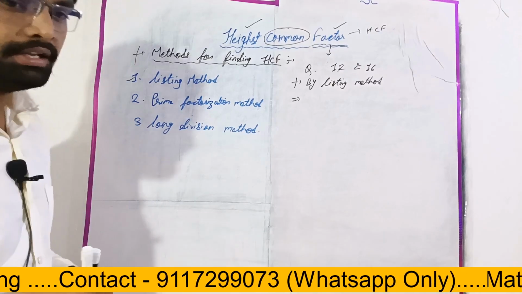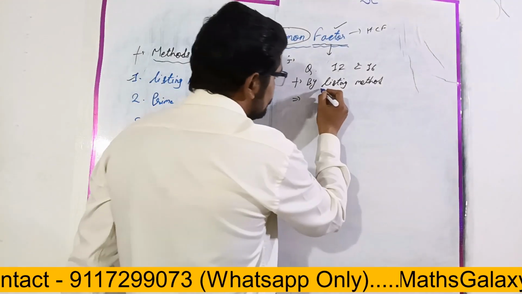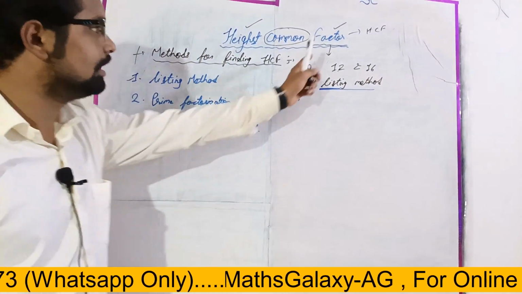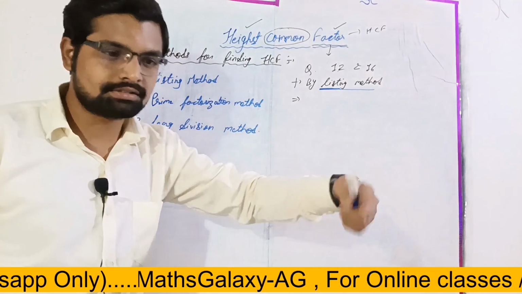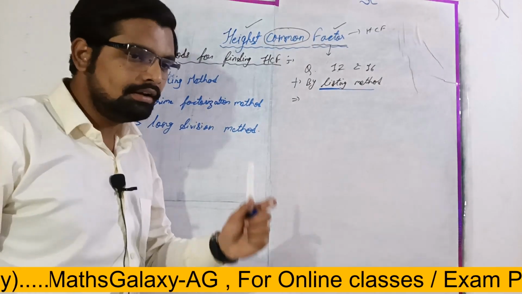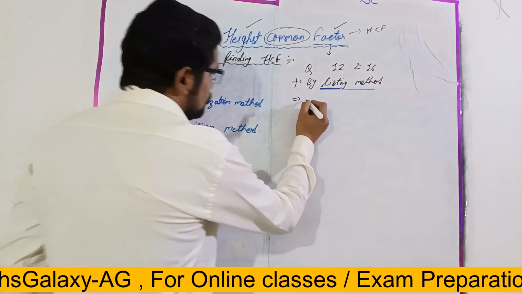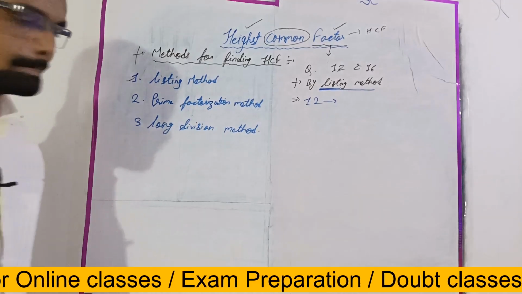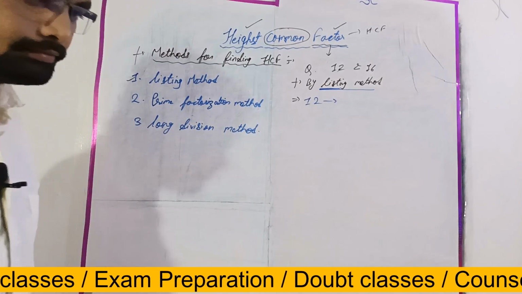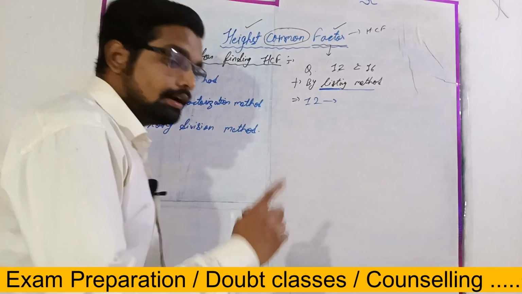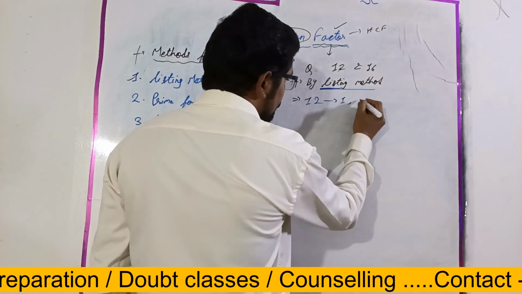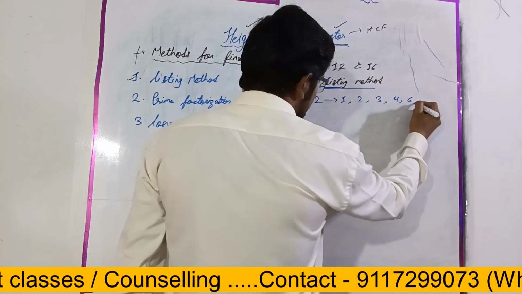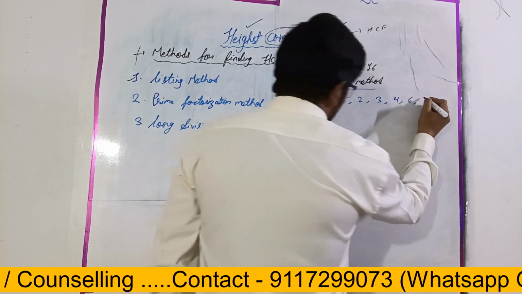The meaning, or the trick, is already hidden here: you have to make the list of factors. So first make the list of factors for 12. What are they? Start from 1. 1, 2, 3, 4, 6, 12. Very good.